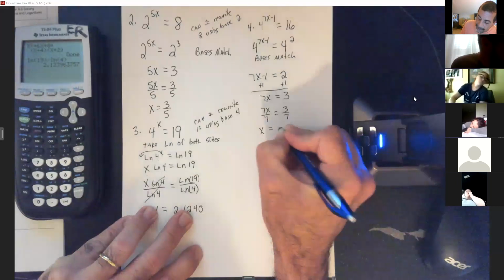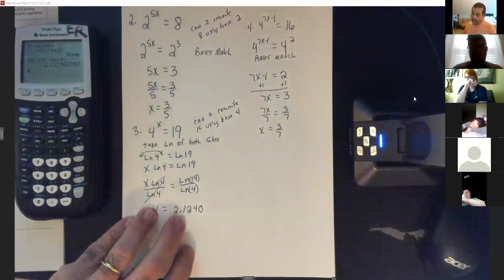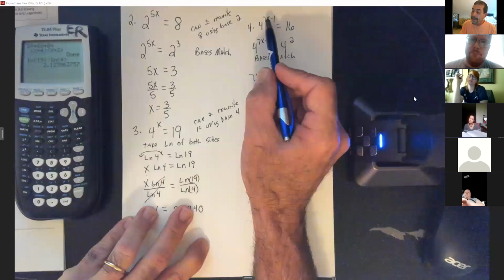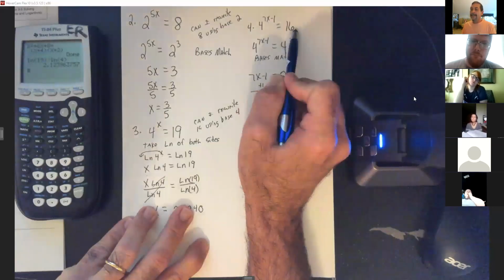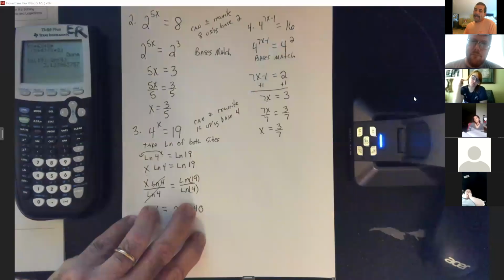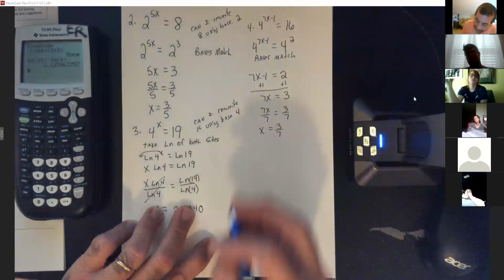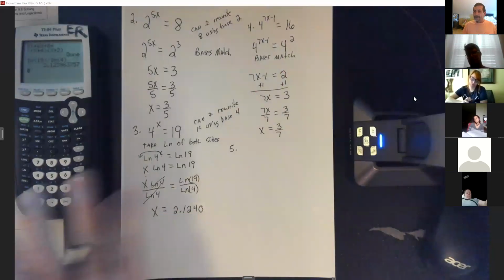Both those are prime numbers, so x is 3/7. Now check it out. If you put the 3/7 in here, the 7's cancel. 3 minus 1 is 2, and 4 to the 2nd power is 16. So you can check them by putting the answers back if you wanted to, okay? I like these kind of equations, though. They were always fun to me.